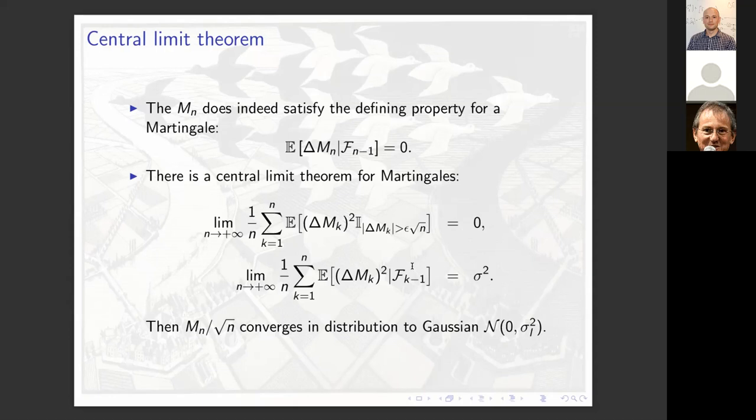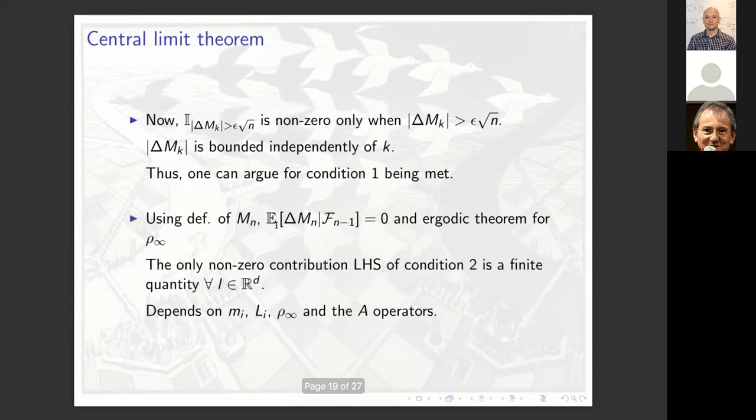So let's have a look at this. If we want to think about this first condition, this first equation, let's think about what we've got there. This operator here, this I, is non-zero only when the absolute value of this delta mk is bigger than this quantity here, epsilon times the square root of n, right?